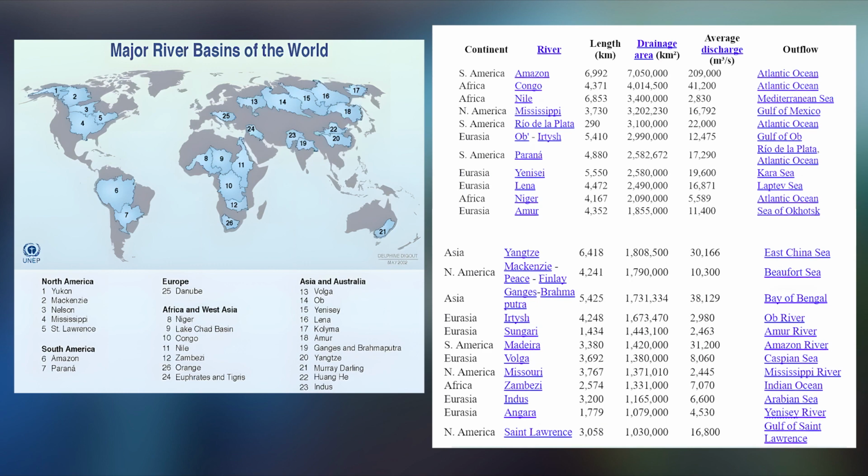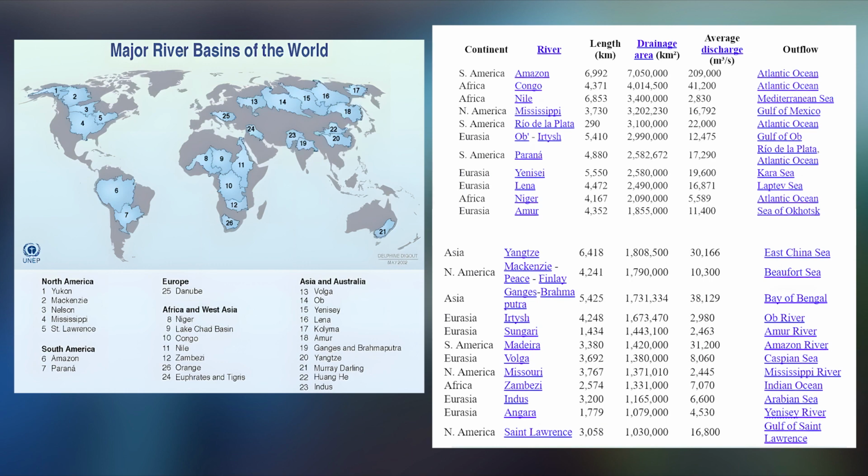To give a comparison, the average discharge of the Nile River, which discharges into the Mediterranean Sea, flowing from south to north, is about 3,000 cubic meters per second, which is a lot. The Nile is a very important river, particularly for that region of the world. But the Nile is actually quite small compared to many of the other major rivers in the world.